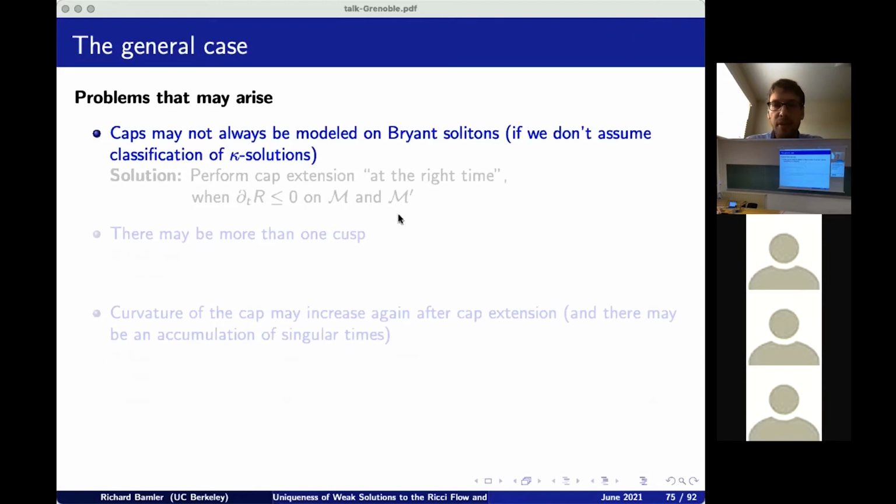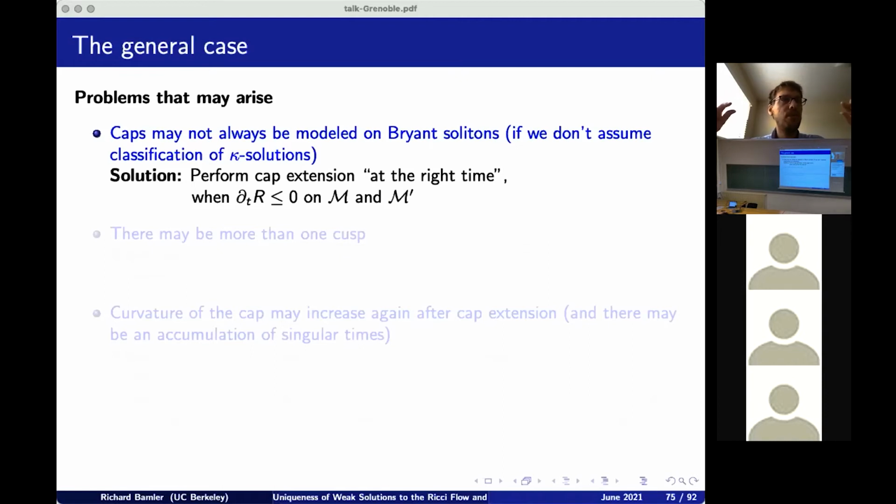Okay, so in order to get around this, our strategy was to be very careful to decide when to perform a cap extension. We had to really do it at the right time. We had to wait until both the cap in M and in M prime looked like a Bryant soliton.